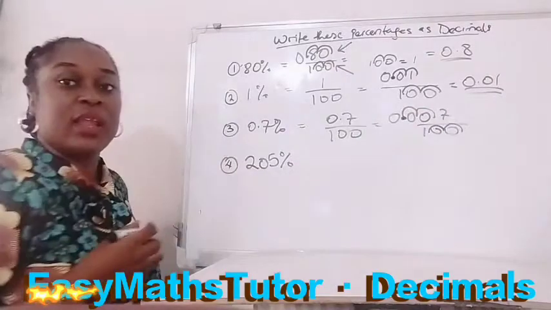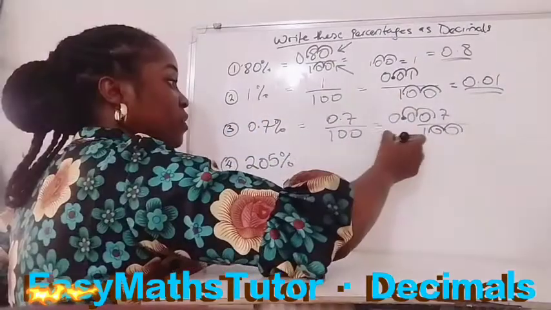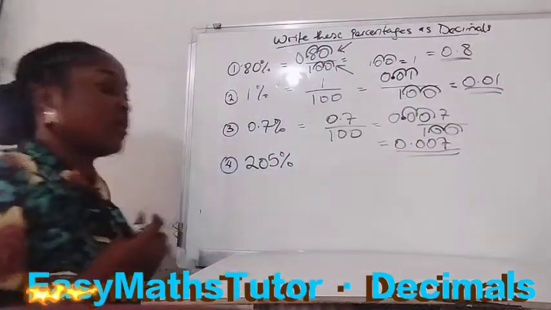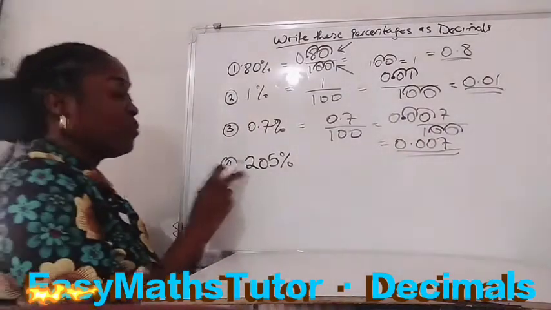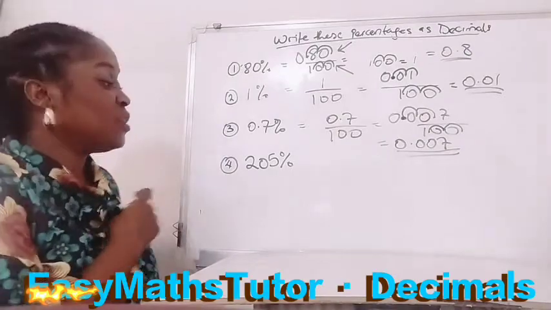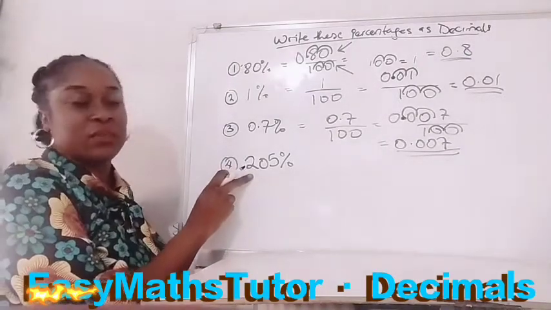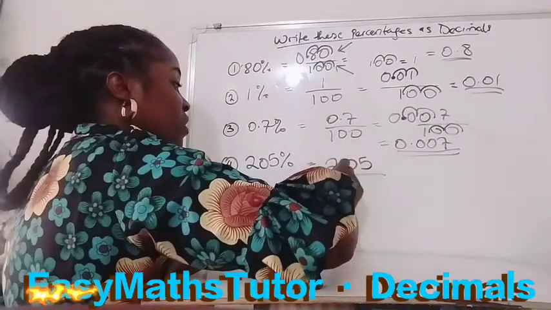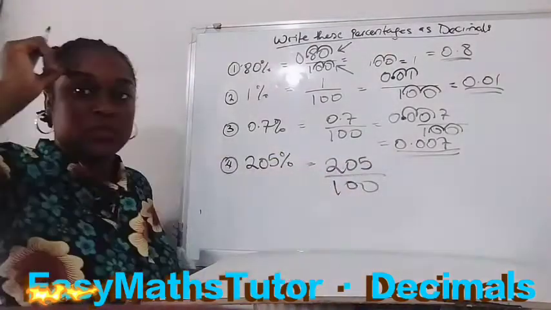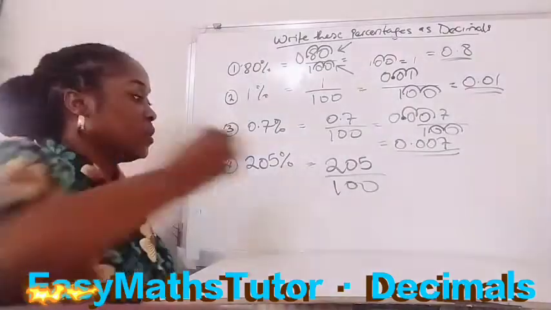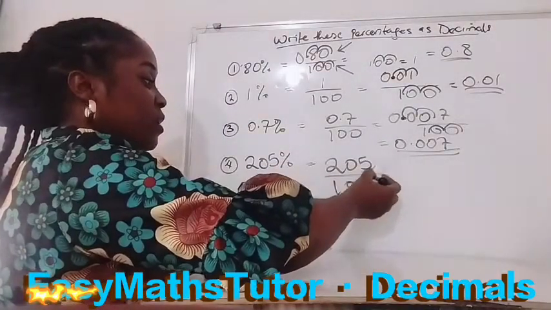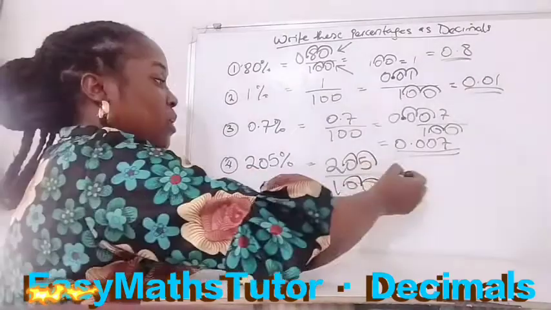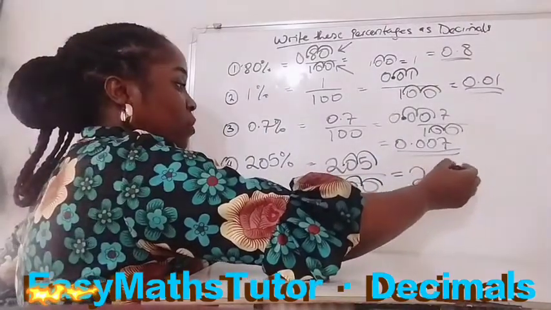We'll fill out the empty spaces, giving us 0.007 as a decimal. Then we have 205%. 205% is actually larger than 100%. So we'll say 205 over 100. We will count from here 1, 2, and here also 1, 2. So we have 2.05.